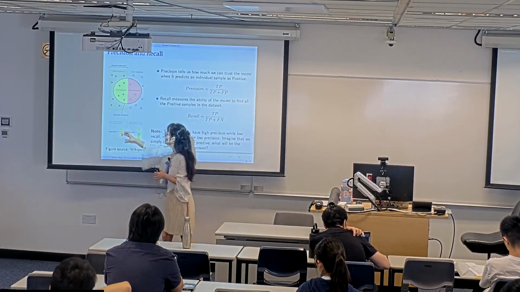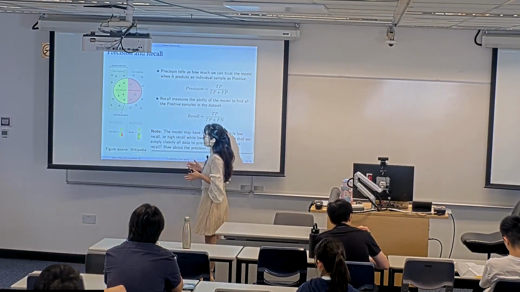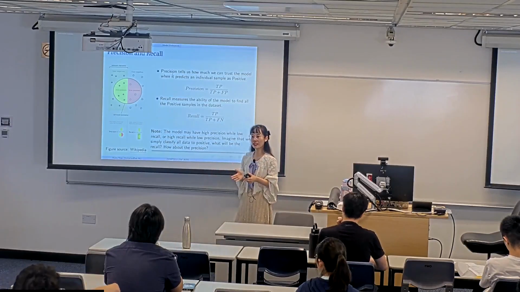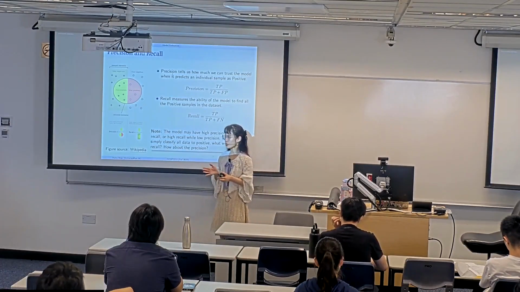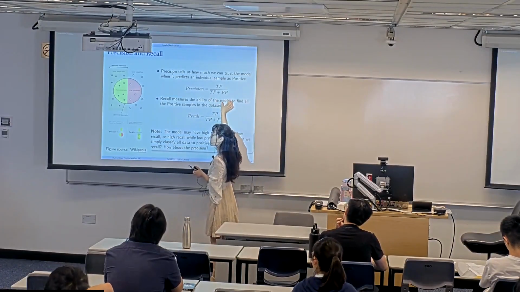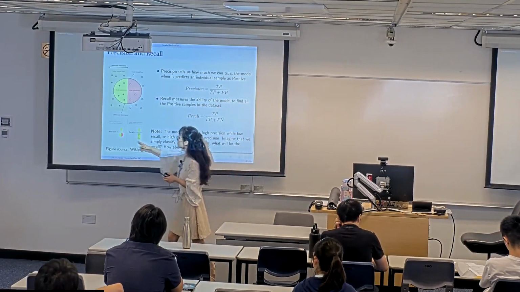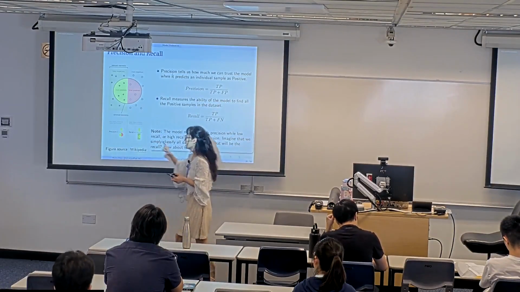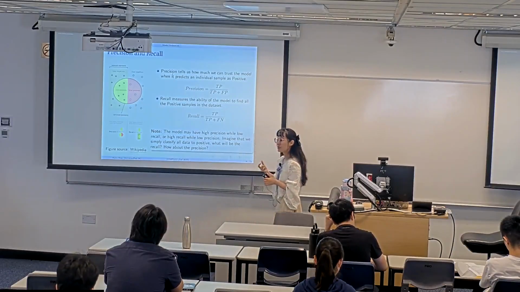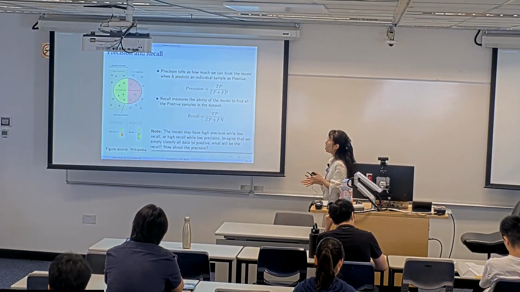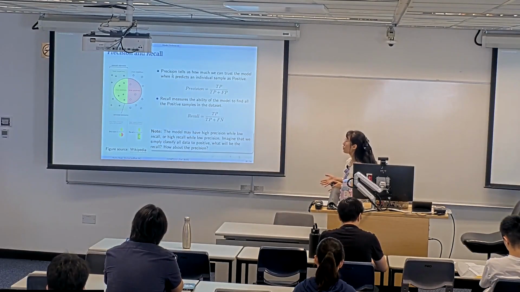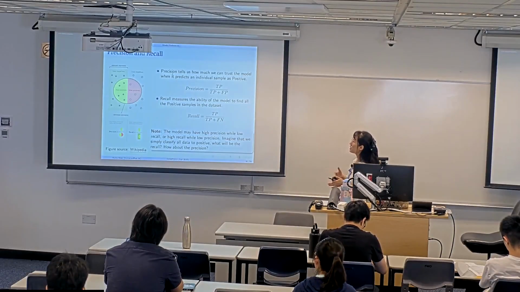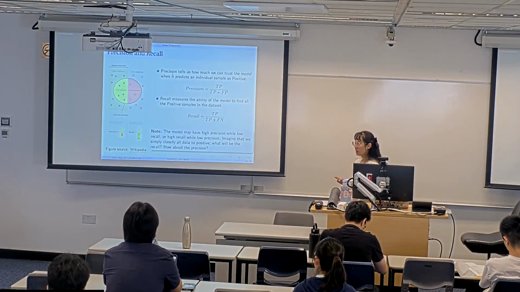The whole circle is all the data points that have been predicted as positive. So that's true positive plus false positive. This is the precision. And in this way, we can see that precision tells us how much we can trust the model when it predicts an individual sample as positive, right?